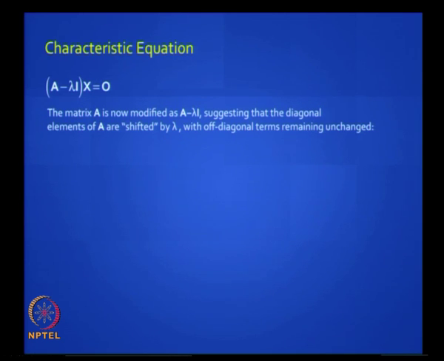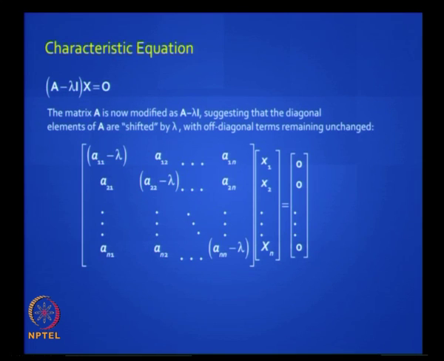You have probably come across this, it is called a characteristic equation, which is what you get when you want a non-trivial solution. The determinant of this matrix will have to be 0, which means the elements get shifted by lambda. You remember, you must have done this exercise, you have shifted the lambda x to the left side, so now you have homogeneous equations.